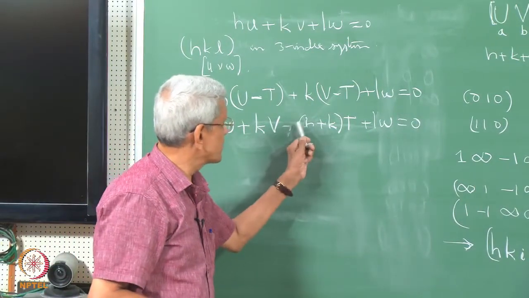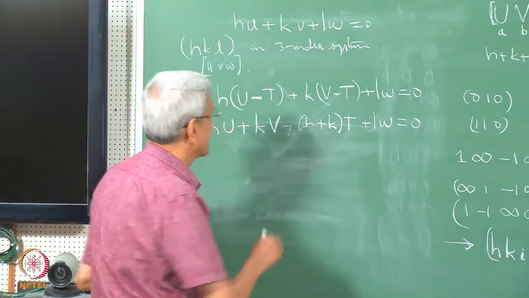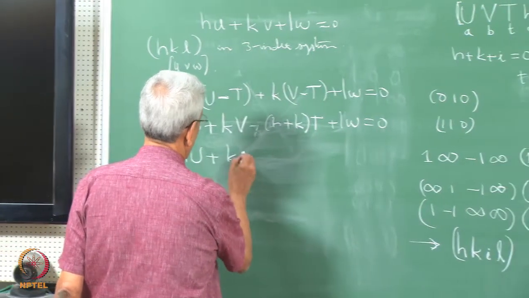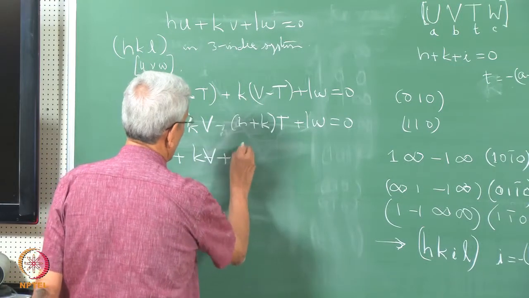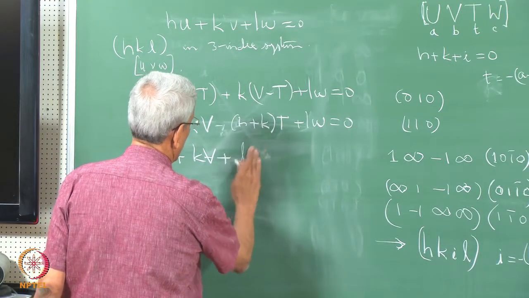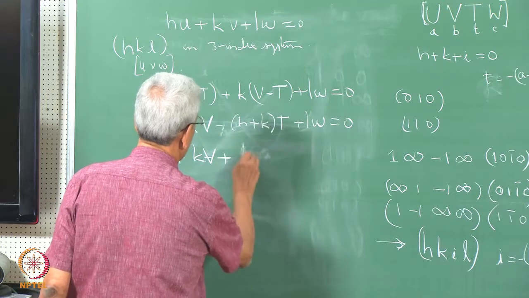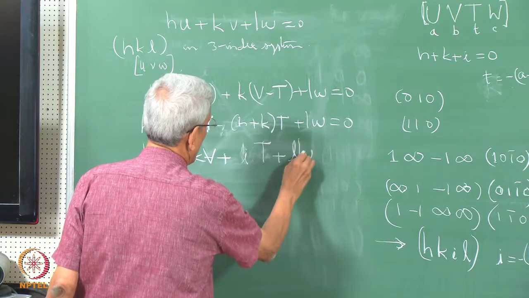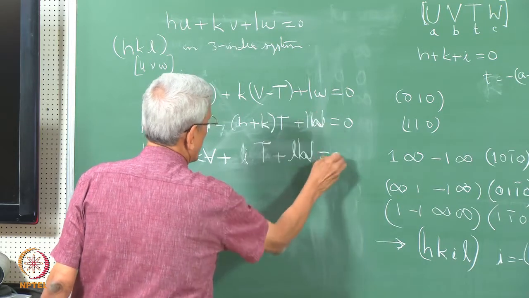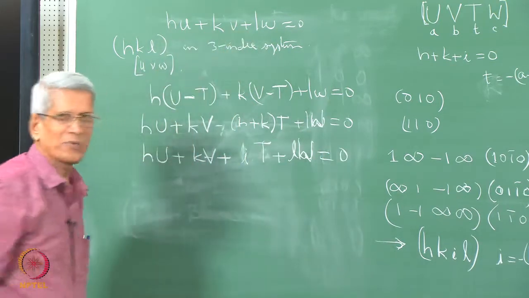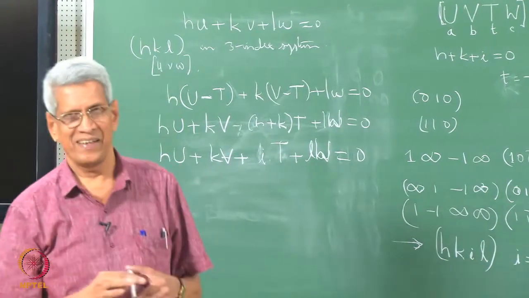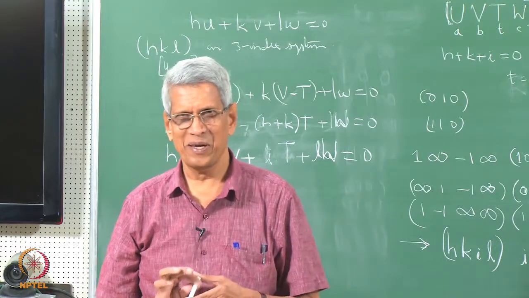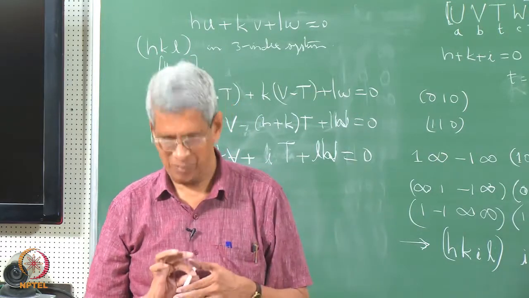What is minus of H plus K? It is equal to I, right? That is I into T plus L into W equals 0. So, exactly a similar expression you get in the Weiss zone law, identical whether it is a 3 index system or a 4 index system, the same way it will turn out to be.